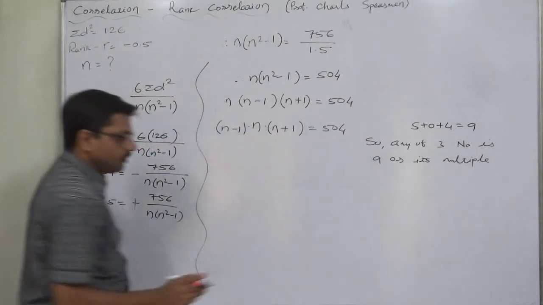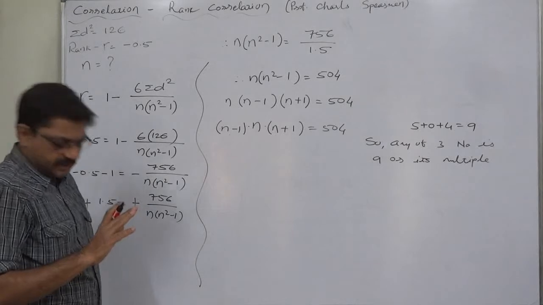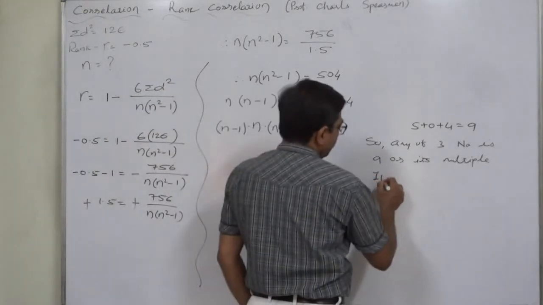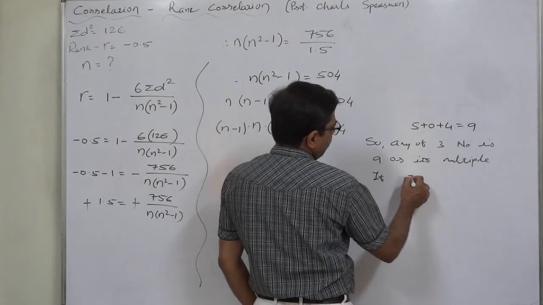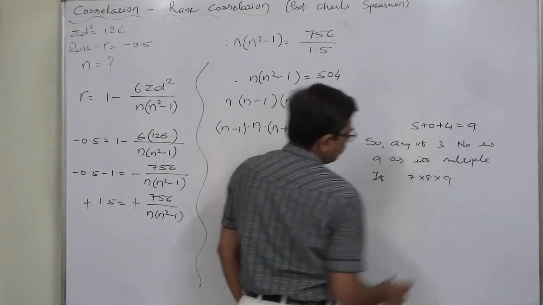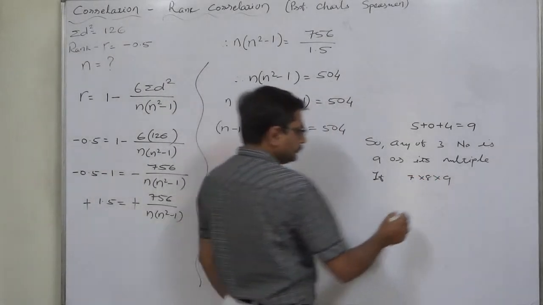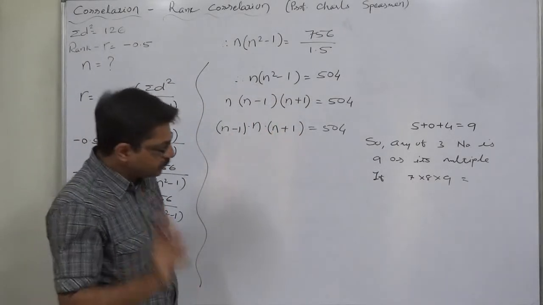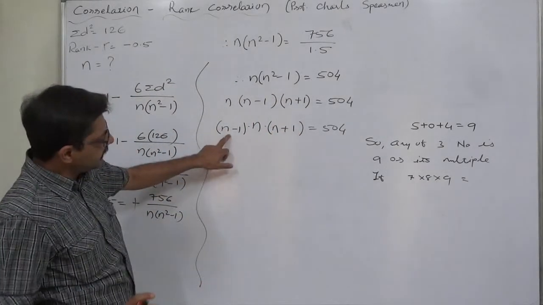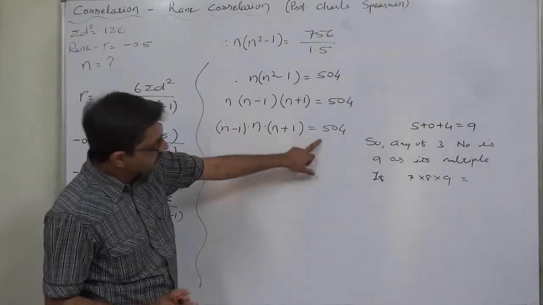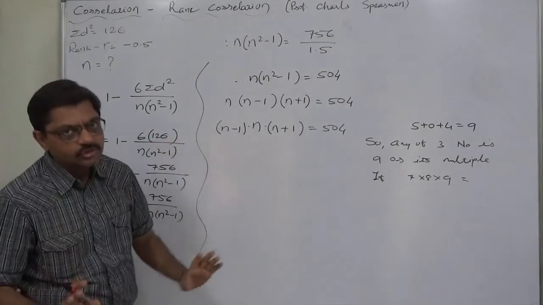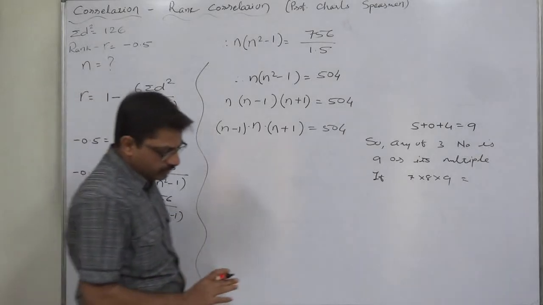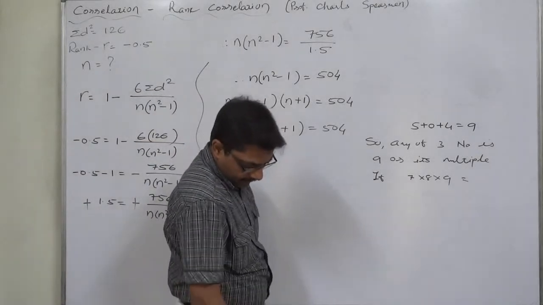So let us start from the smallest possible combination. If they are 7, 8 and 9, what will be the product? 7 into 8 into 9, because these three are consecutive values. One of them is 9 or a multiple of 9. We are assuming the combination with the smallest possible values.